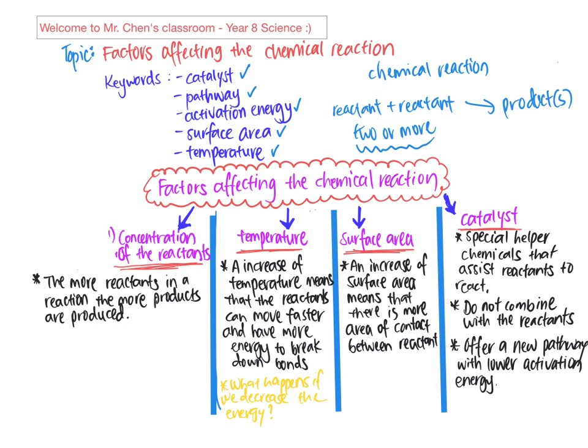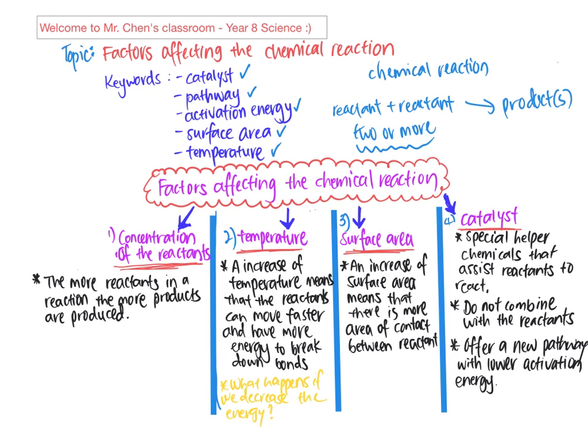Concentration is your number one, followed by temperature, and then surface area and catalyst. You probably have heard of the first three, but probably not the last one, which I will tell you very soon.